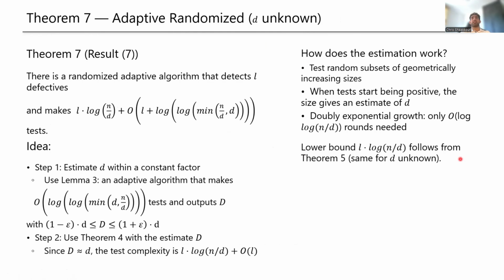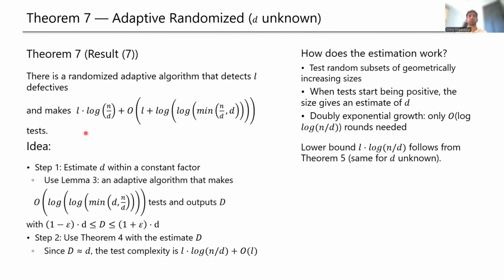So theorem number 7, adaptive randomized where D is unknown. This algorithm says that there is a randomized adaptive algorithm that detects L defectives and makes L times log n divided by D plus O of L plus log of minimum of n divided by D. So the idea here is step 1, we estimate D within a constant factor, okay?